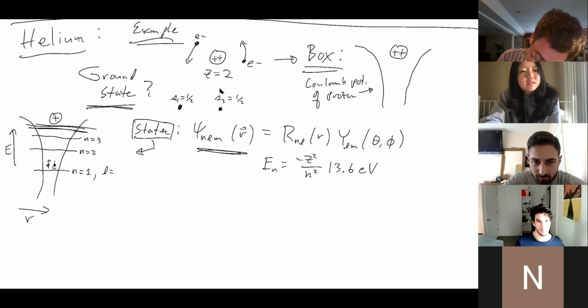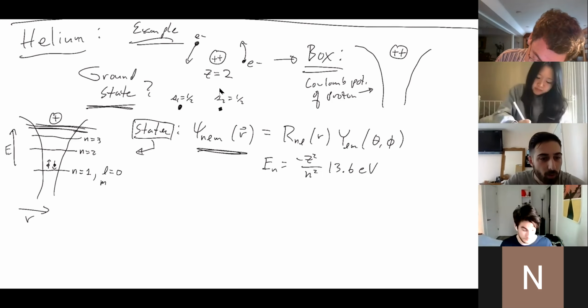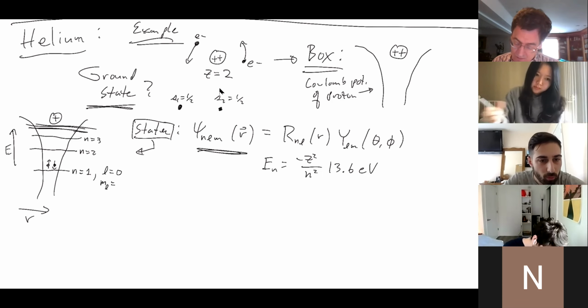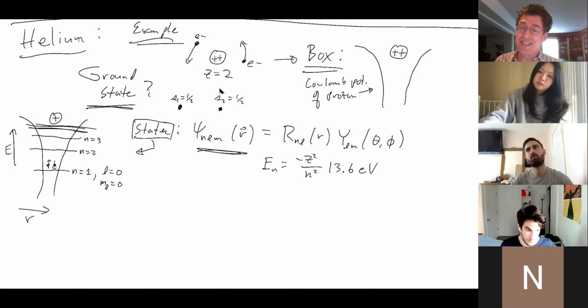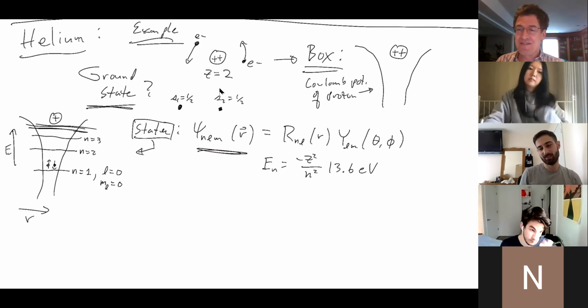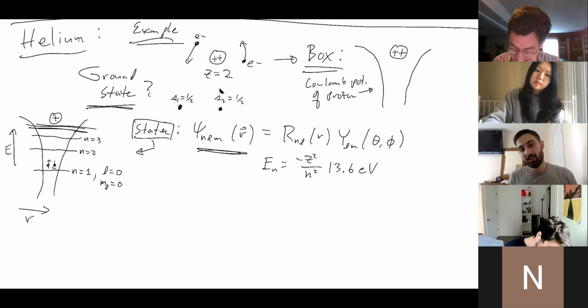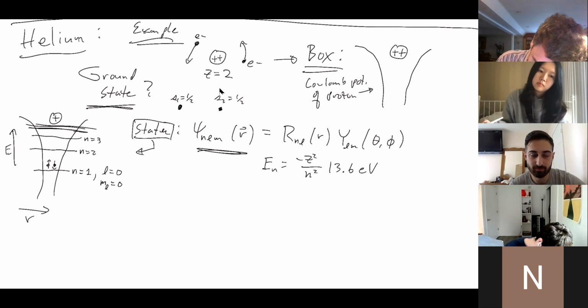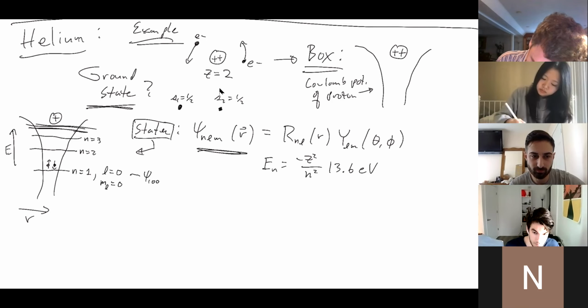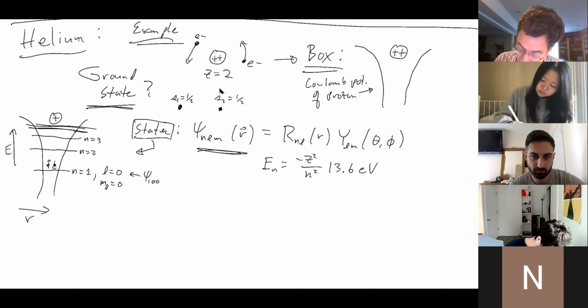That's right, has to be. And so that means m sub L equals what? 0. Very good. Unfortunately for this class, you're going to have to remember all these atomic wave functions, all these little rules. It's not that hard, just go review it. And so this state is psi 1, 0, 0, right? n, l, m equals 1, 0, 0.